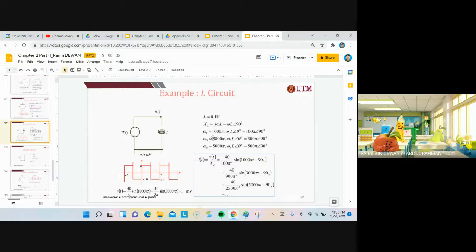Okay, and then omega 1 is 1000 pi, 3000 pi, and so on. This is almost a similar case with the previous examples.